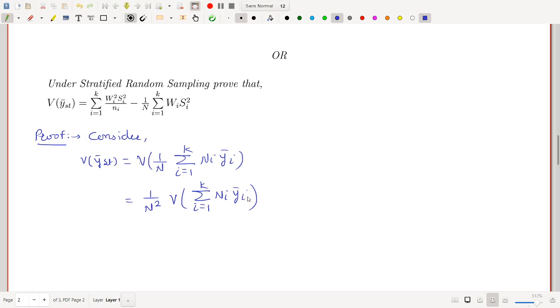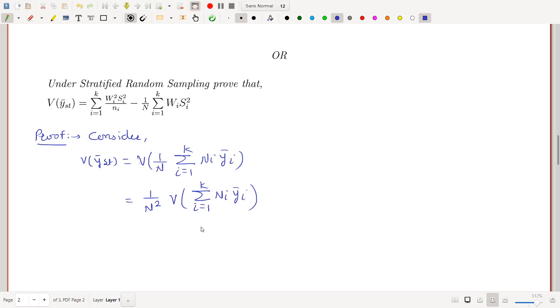If y bar i's are independent, then I can write this directly as summation i running from 1 to k ni square into variance of y bar i. If y bar i's are not independent, then there will be covariance terms also. So check whether y bar i's are independent.